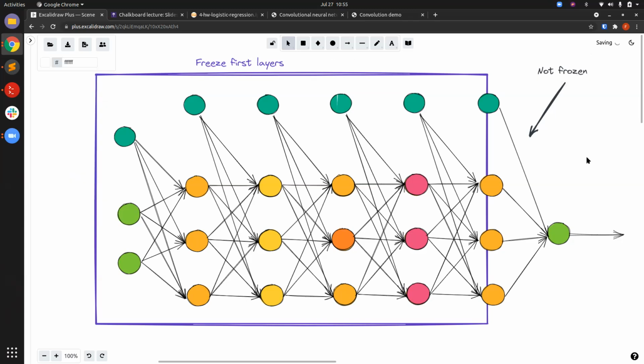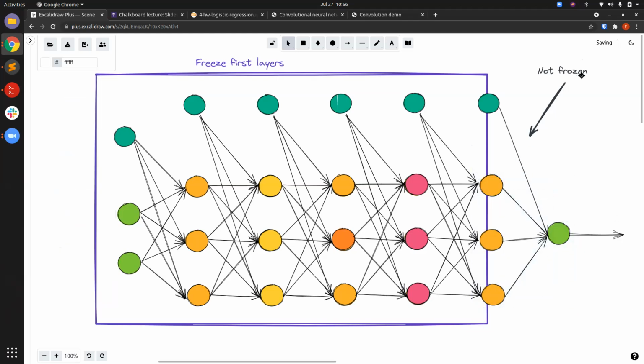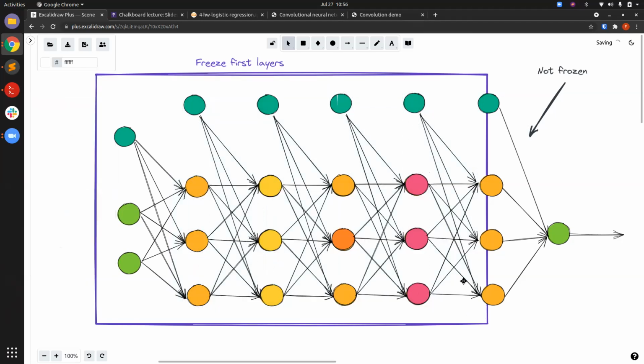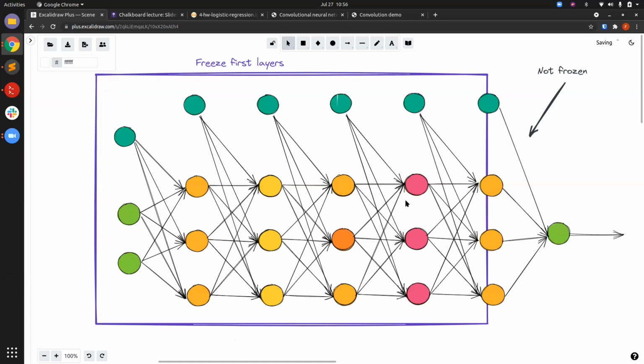And when I feed it labeled examples of different breeds of dogs, the weights at the end of the network are going to be updated because they're not frozen. The weights in the first layers are not going to be updated. So I'm feeding it different breeds of dogs in photos, right? It's going to take those input photos and output those very complicated features I already learned in the previous network.